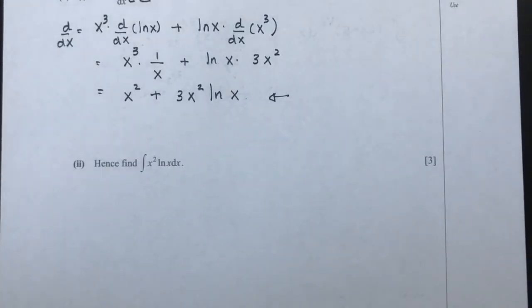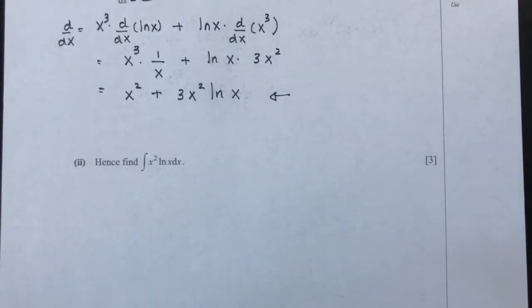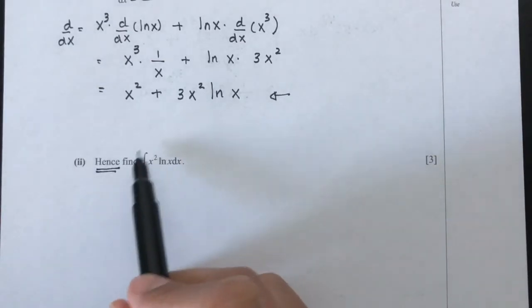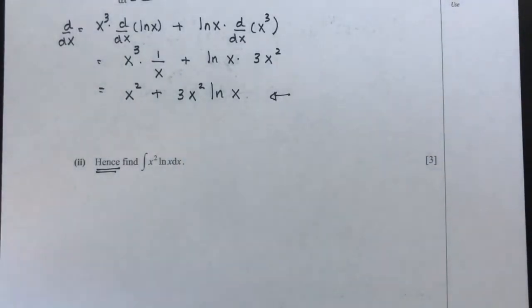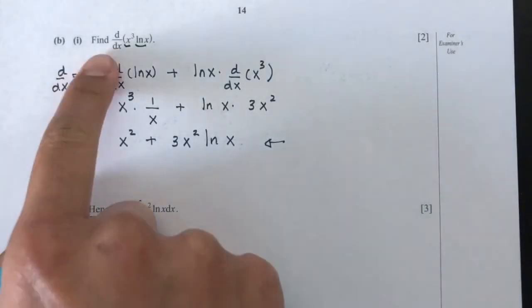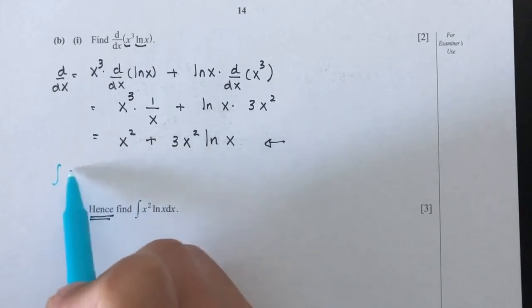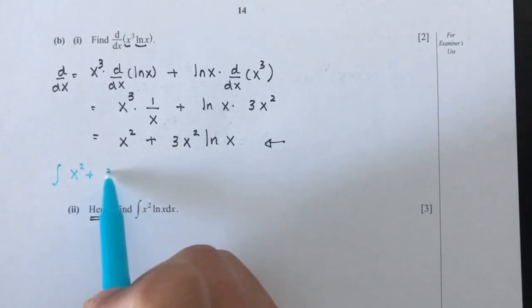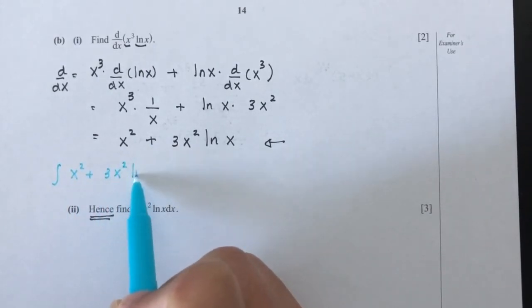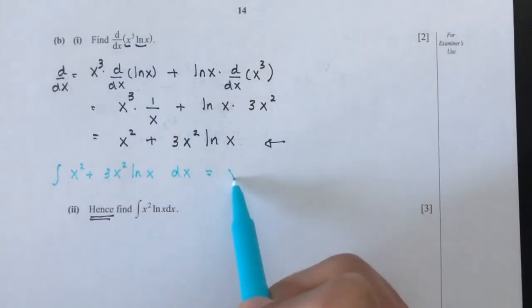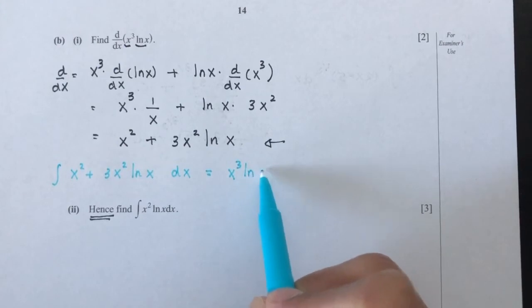Now for part 2, it tells you to hence meaning again, it means to use the previous value to find this. Now if you observe, what did we learn from the previous value? So differentiate this, you will get this. So it means that if you were to integrate this, you are supposed to get back the same initial value. That's what we have learned from part 1.